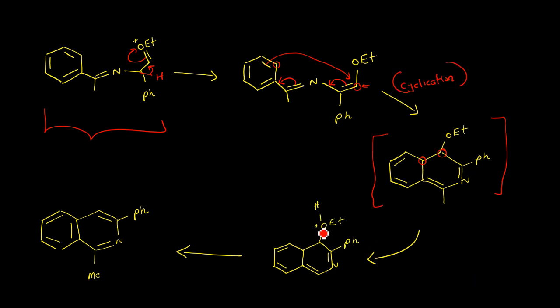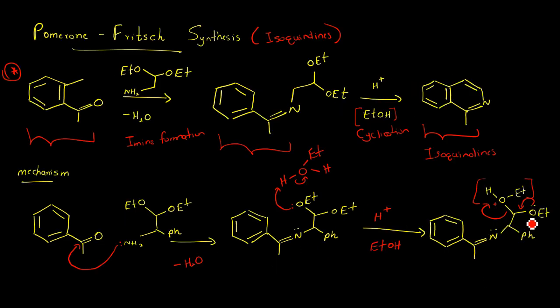Okay, now as for our next step, right? There are protonated ethanol compounds around in our medium. So this oxygen will again attack one of the hydrogens. So we will have the protonated form of oxygen again. Now a similar thing happens, just like in our previous case, like here.